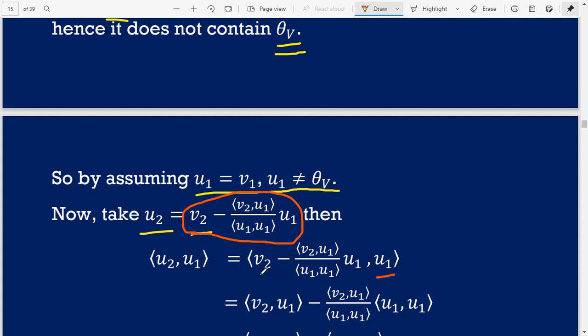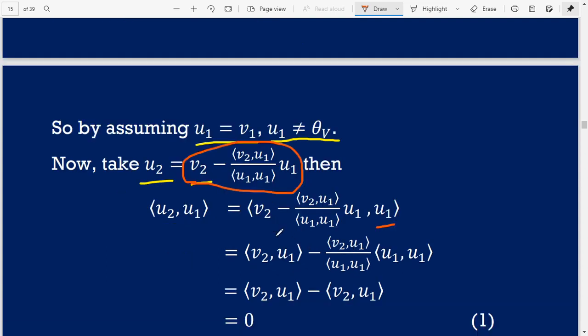The value of U2 is equal to V2 minus inner product V2 with U1 upon inner product U1 with U1 into U1. So inner product U2 with U1 is inner product V2 with U1 minus inner product V2 with U1 upon inner product U1 with U1 into inner product U1 with U1.